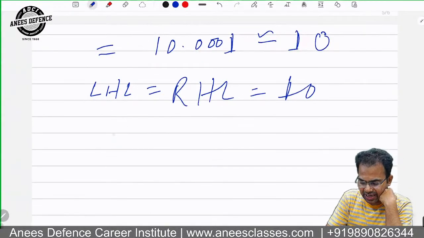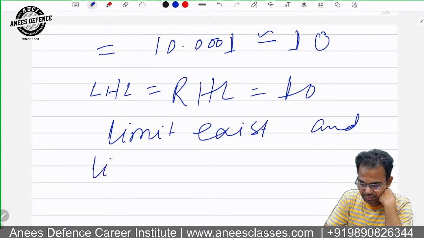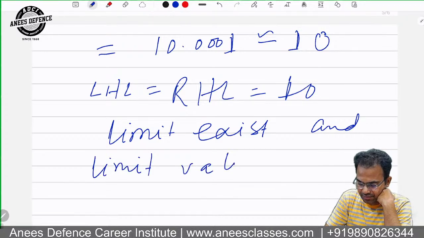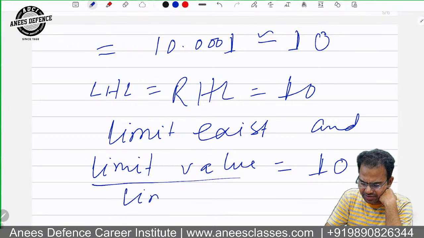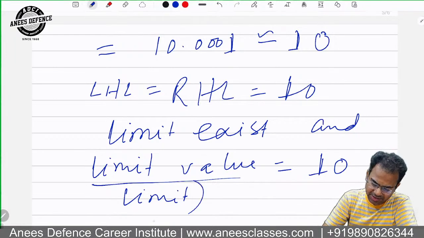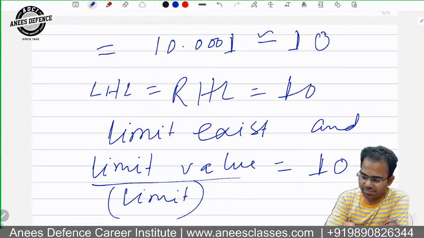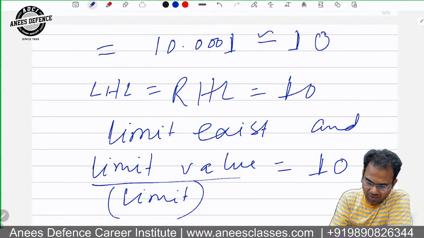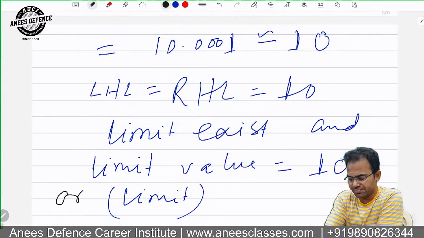So the limit exists and the limit value equals 10. The limit value is also called just the limit. You can say limit value or limit. Okay?